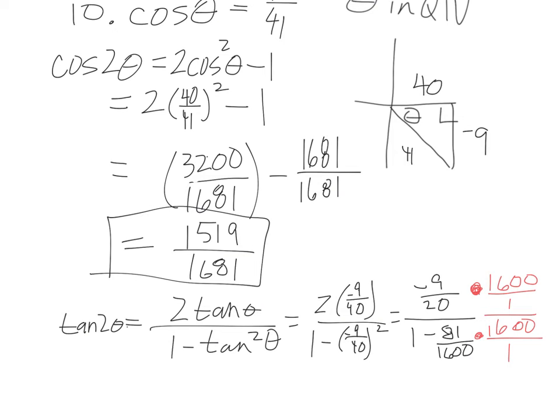So again, the process is to find the LCD of the smaller fractions and multiply the top and bottom of the large fraction by that LCD, and then that 1600 lines up with the denominator of the smaller fraction. So 1600 divided by 20 is 80, and 80 times -9 gives us -720.